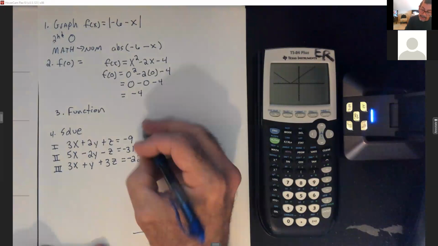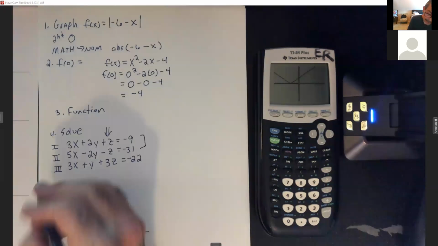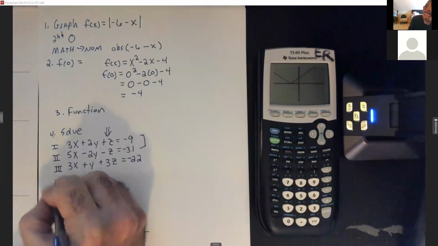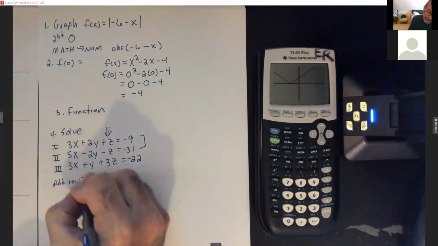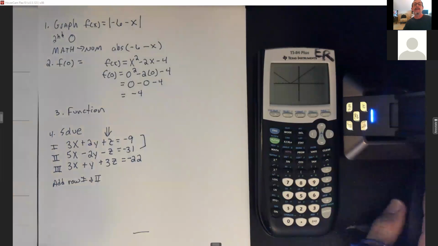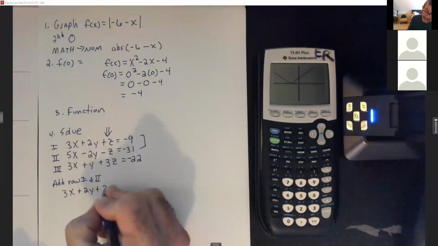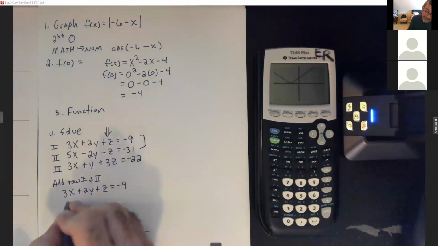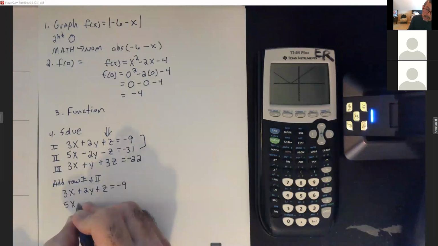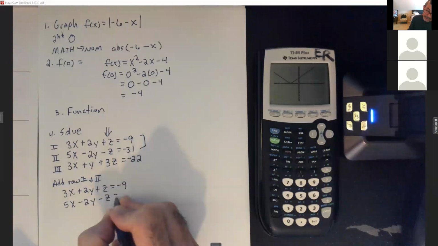So what I want to do first is add row 1 and add row 2 to that. So I'm going to add row 1 and 2 together. All right, so row 1 was 3x plus 2y plus z equals -9. Row 2 is 5x minus 2y minus z equals -31.